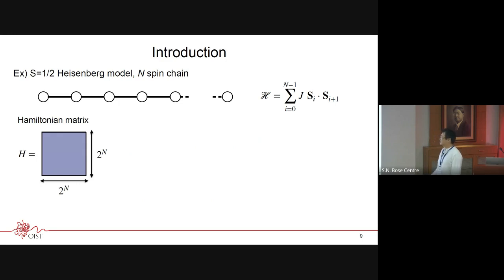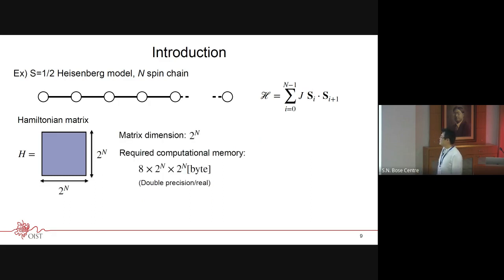This is the matrix Hamiltonian, and the size of the Hamiltonian matrix is 2 to the n, as I said. And the computational memory needed to store every element in this Hamiltonian matrix is 8 times 2 to the n times 2 to the n bytes. This is under the assumption that we are using double precision, which means that for each number, we need 8 bytes. So this is the required computational memory.